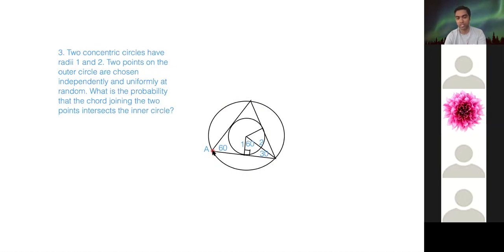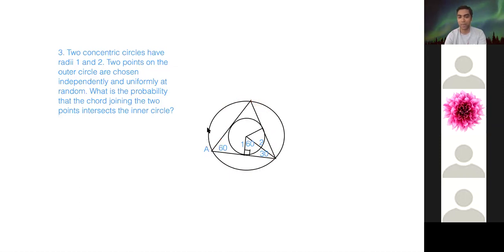or use the idea that the angle in the center of any arc is double the angle formed at the edge of the circle. So if this is 60 degrees, this angle is 120 degrees. Now if I pick any point on the circle, the second point, in order to intersect the inner circle, must be in this arc.